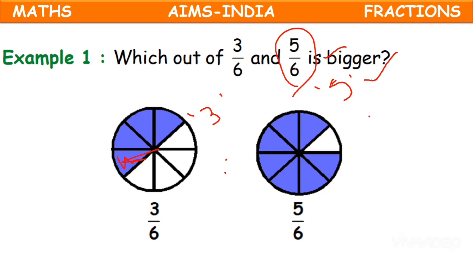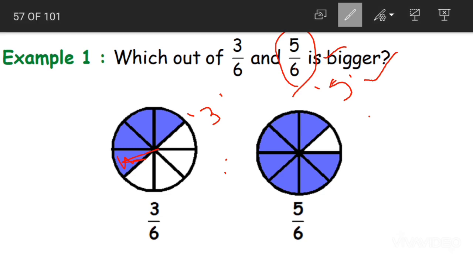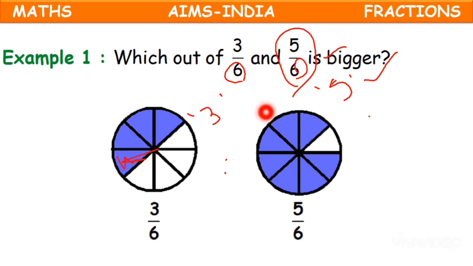Again, 3 by 6 and 5 by 6 both are our like fractions. Yes or no, children? Both are having 6 as their denominators, so both are called our like fractions. So how do we compare like fractions? We compare the numerators, that is 3 and 5. 5 is the bigger number.